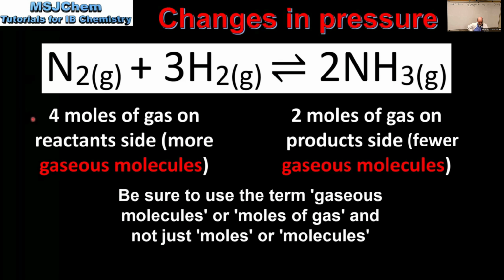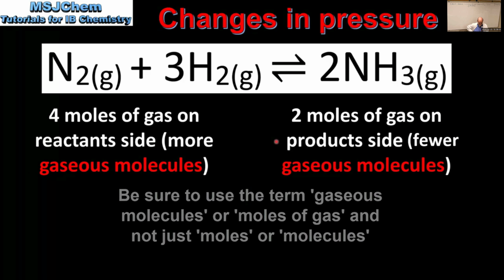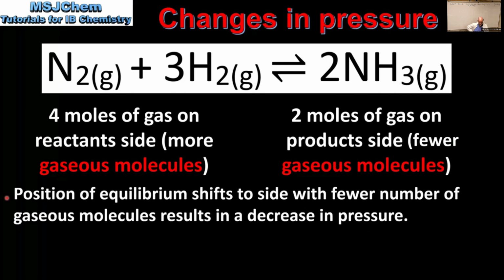In this equation we have 4 moles of gas on the reactant side and 2 moles of gas on the product side. This means on the reactant side we have more gaseous molecules, and on the product side we have fewer gaseous molecules. When the position of equilibrium shifts to the side with fewer gaseous molecules, this results in a decrease in pressure.